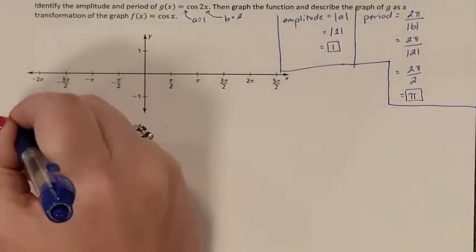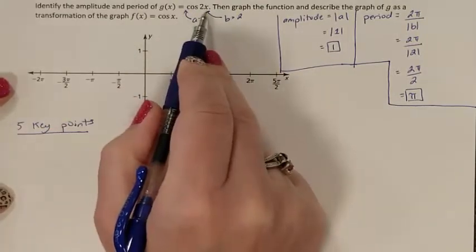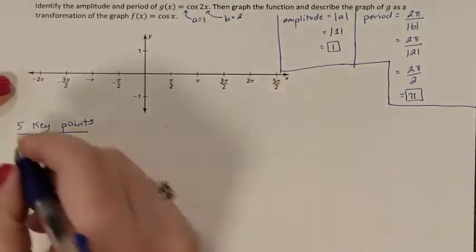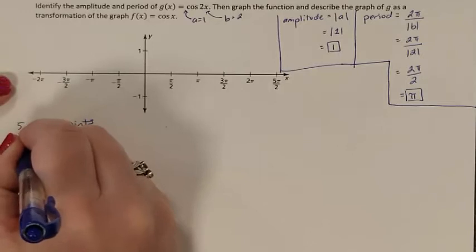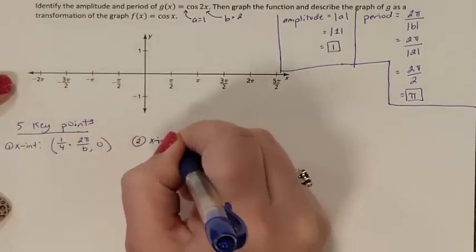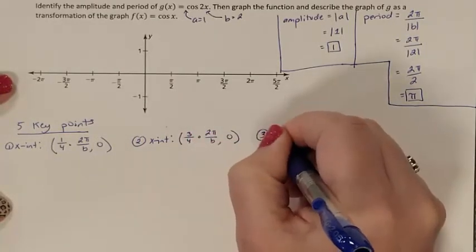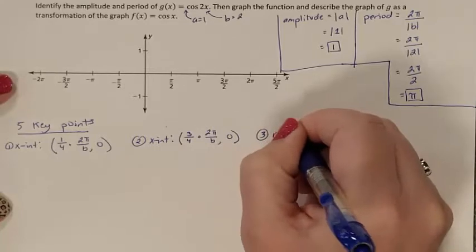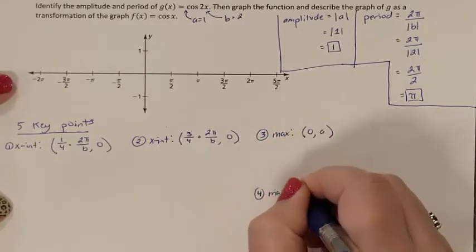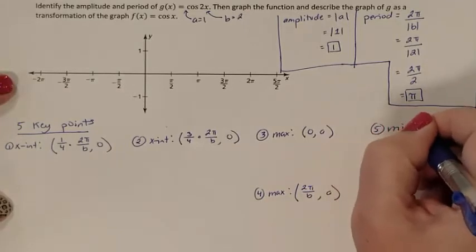Now I just need to find my 5 key points. Because this is cosine, I know my 5 key points have 2 x-intercepts. So we're going to find the 2 x-intercepts first, and then we'll go ahead and find our 2 maxes, and then we will lastly find our 1 min.